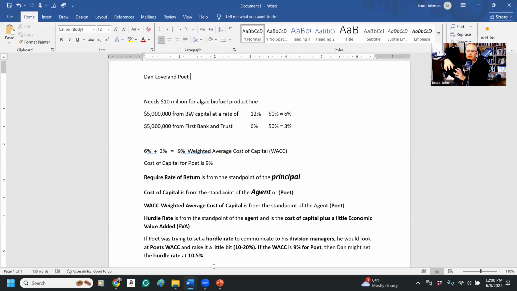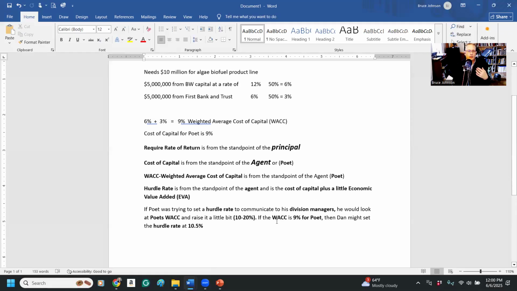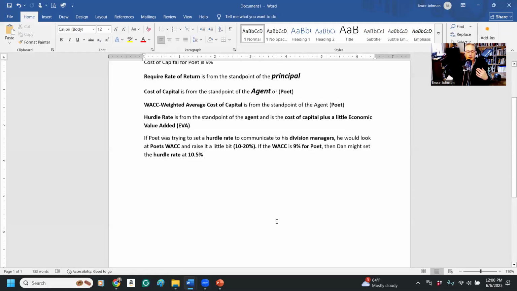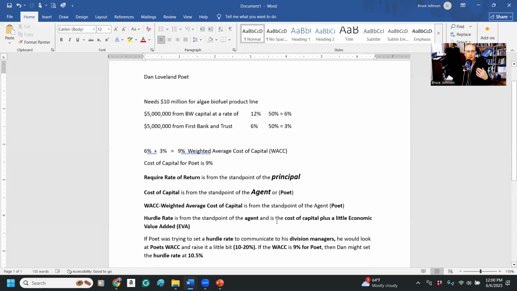And if we look at a fairly risky product line, he's going to increase the hurdle rate to like 20%, because he's going to say, if it's not higher than 20%, guys, we don't know if this is going to work. So that hurdle rate is what the internal managers are looking at when they do these types of investments. I'm going to leave that right there.